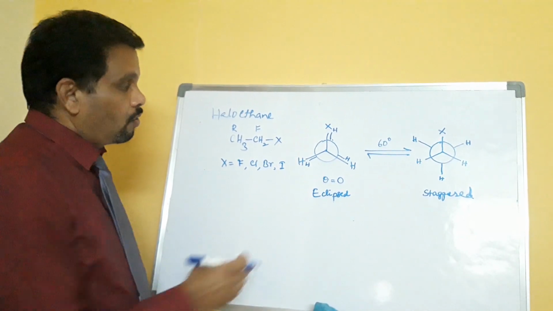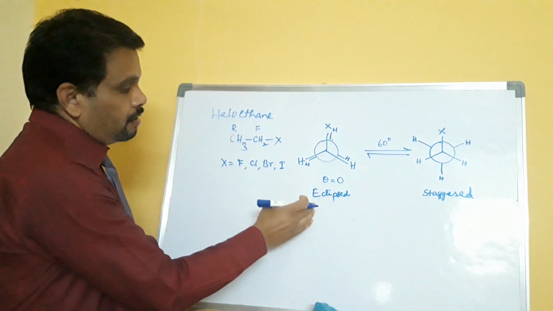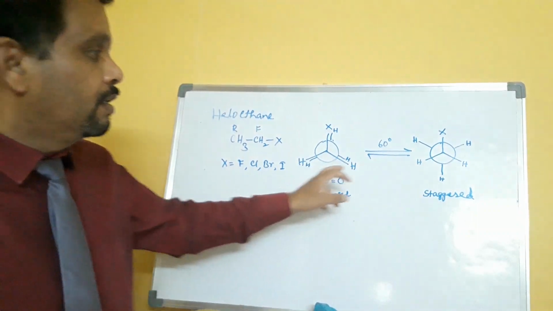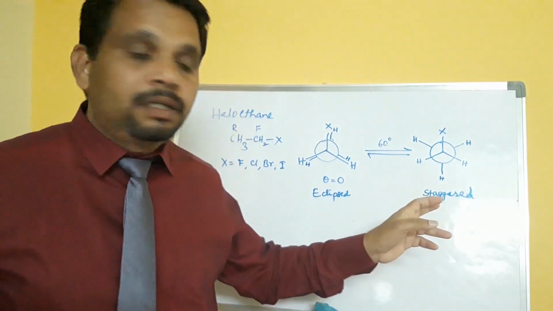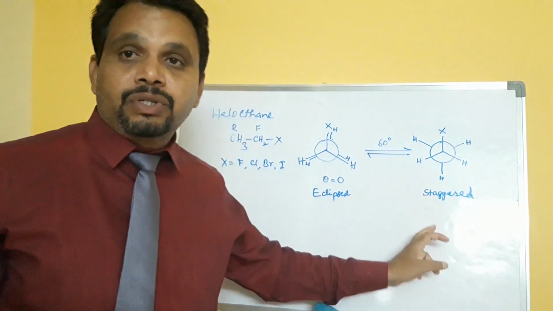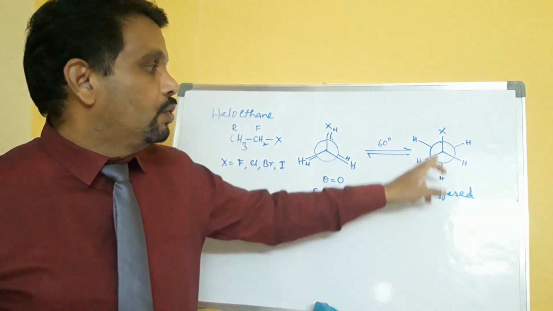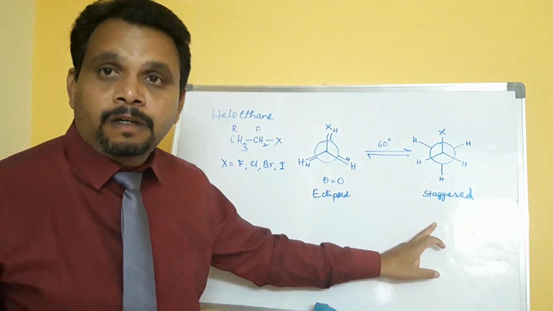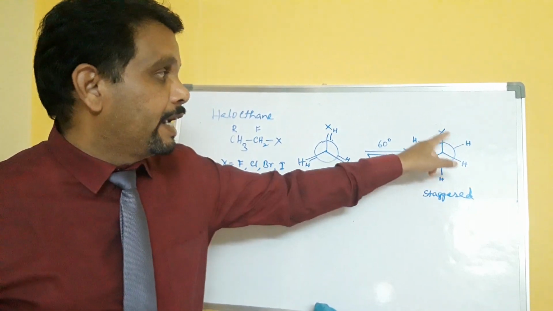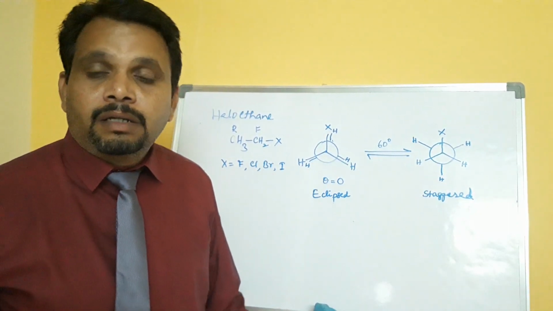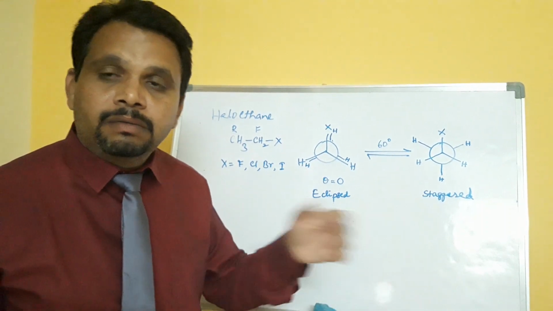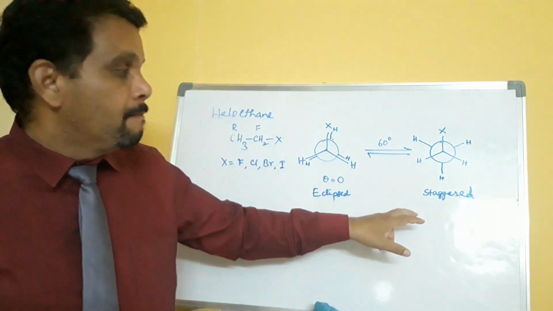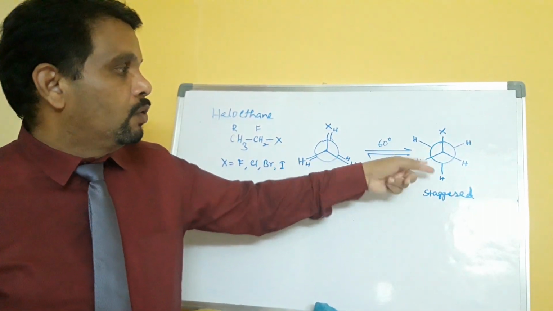So all repulsions and strains are there in this eclipsed conformer, whereas in the staggered there is no eclipsed strain, so there is no van der Waals repulsion, because the gap between the dihedral angles is large enough, no problem at all, and no steric hindrance.